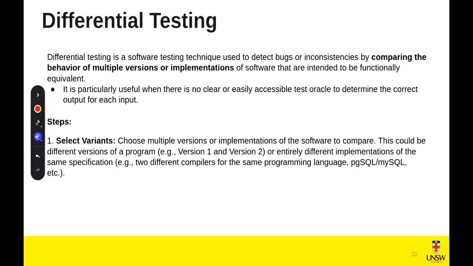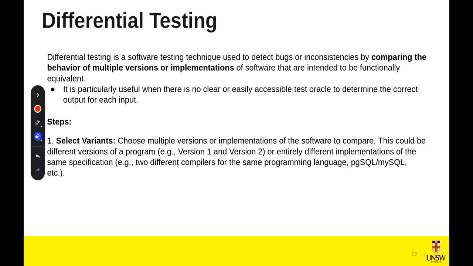Another example is the SQL database. There are multiple different implementations of SQL databases. For example, we have PostgreSQL, we have MySQL, and we have other implementations. They are essentially doing the same thing, so we can use them together as the variants here.